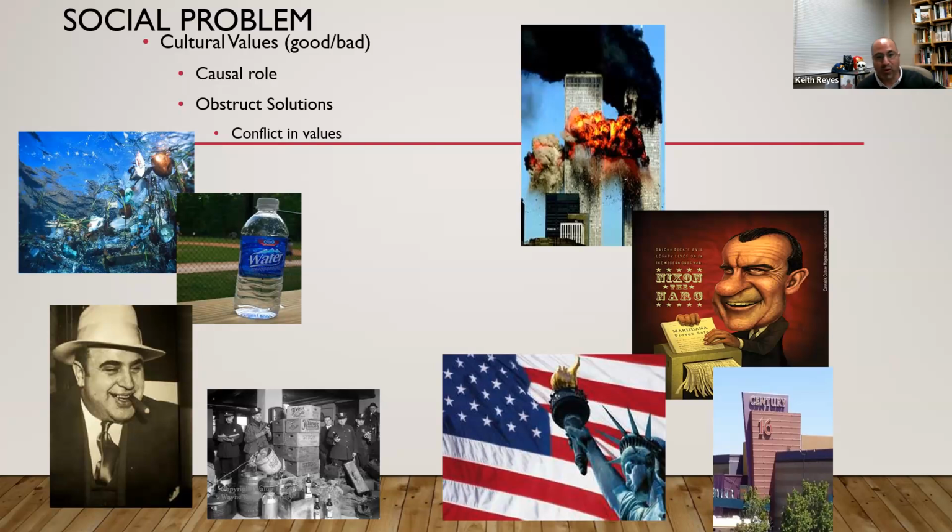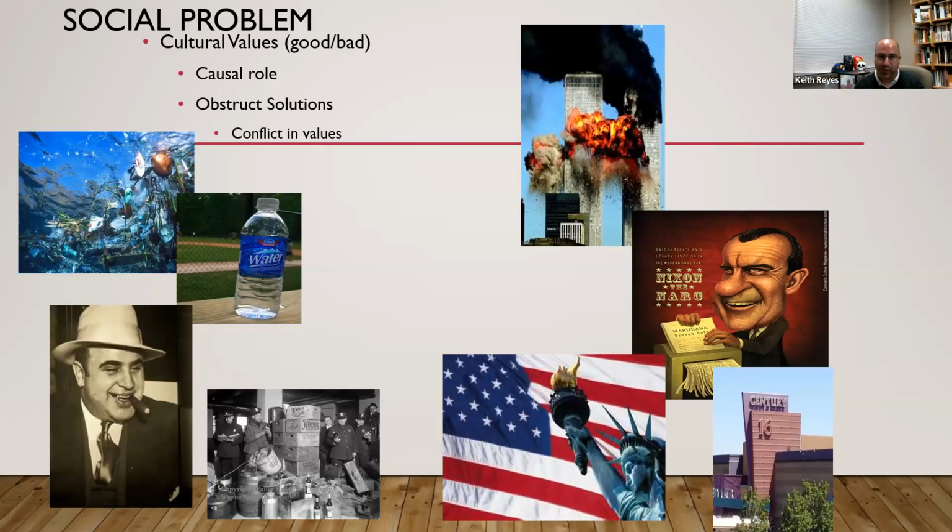Or for example, we may think of the 1910s, 1920s, 1930s, the Prohibition era. We prohibited alcohol. We felt that alcohol as a society was something that should be outlawed. But we also have freedom in the United States, right? So we have the tension of morality and alcoholism and alcohol consumption, and then the value of freedom, and those conflicted.